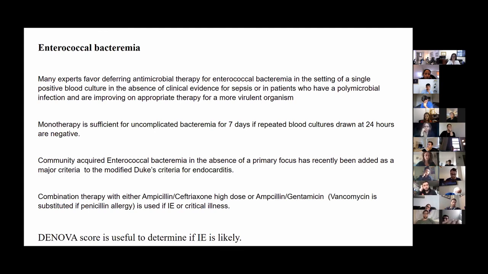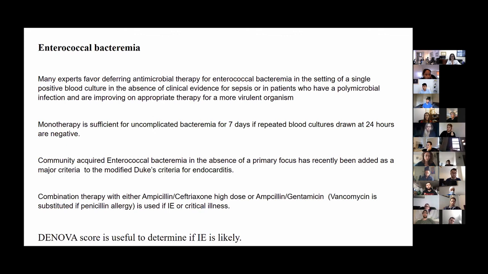But as I mentioned, community-acquired enterococcal bacteremia without a primary focus has just recently, I think in 2020, been added to the modified Duke's criteria as a major criteria for endocarditis. So it's mostly because our population is getting, I guess the immune system is down. There may be an association with colon cancer.